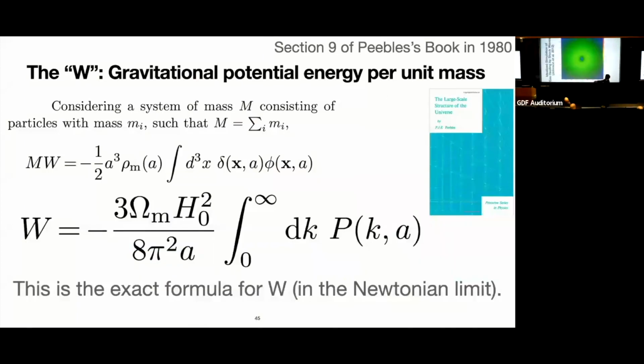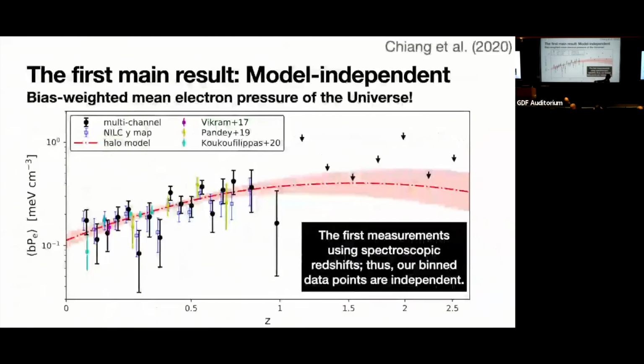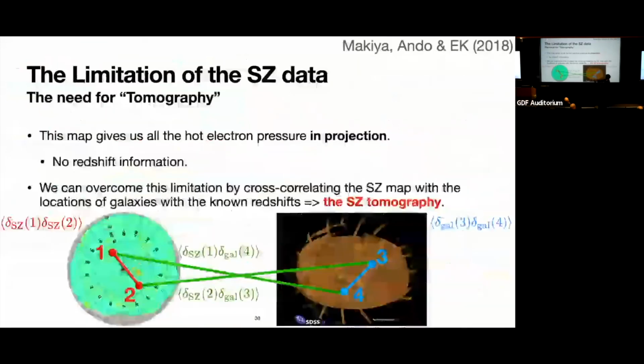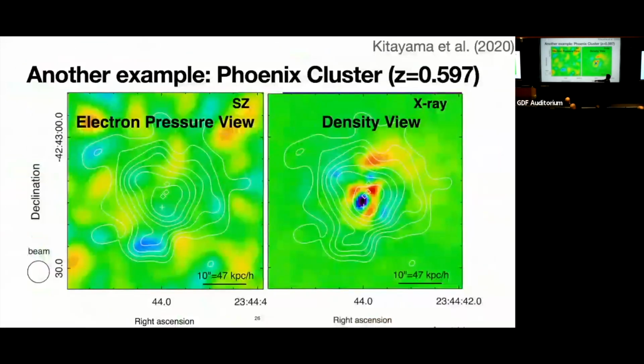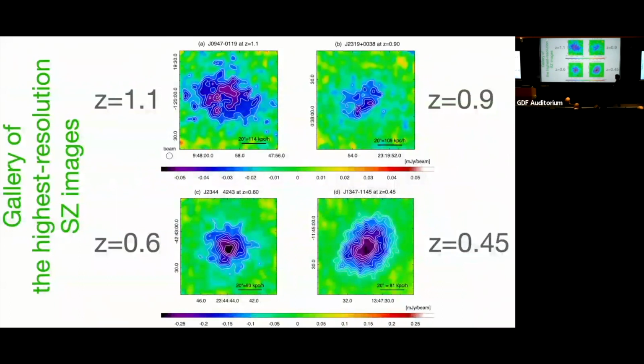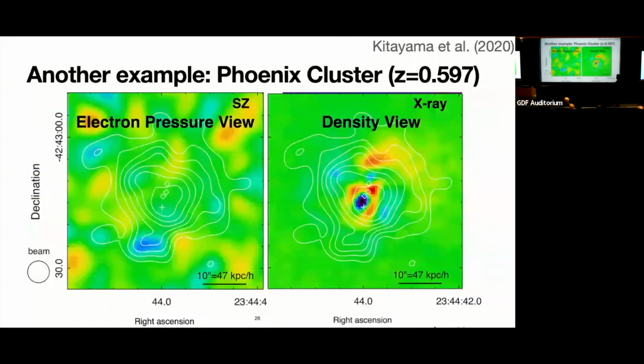For example, RXJ1347 and Phoenix cluster both have AGNs at the center. And we see jets and so on, but jets clear up gas, create cavities and so on. Nothing here. So I think it could be because the thermal bubbles are much further out, maybe megaparsecs out.